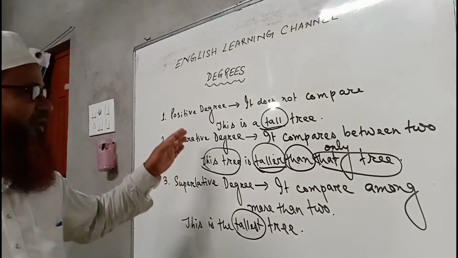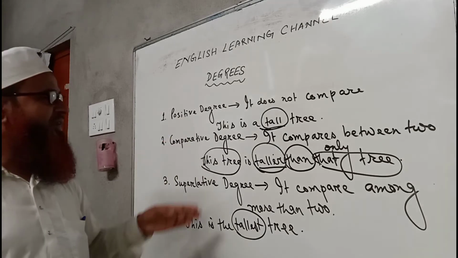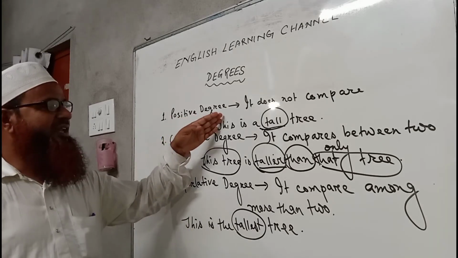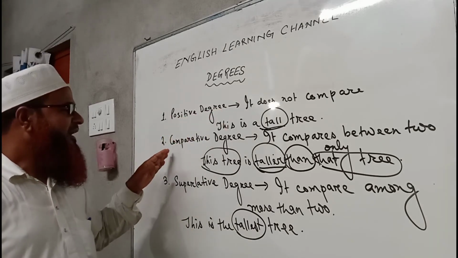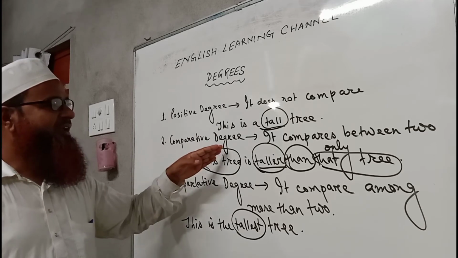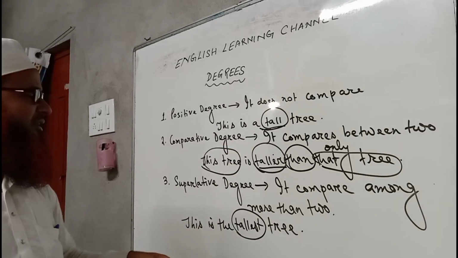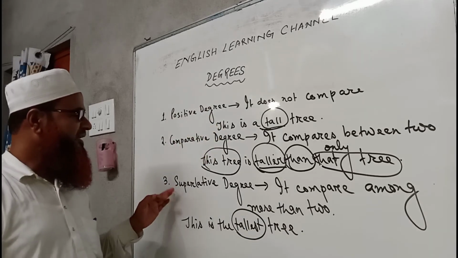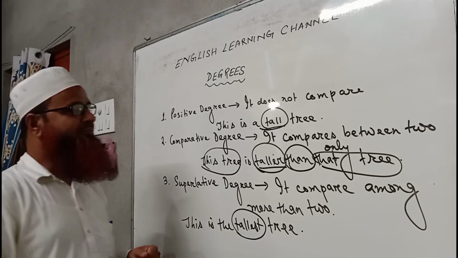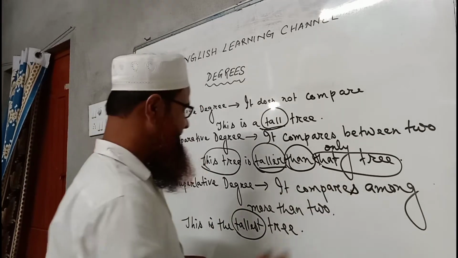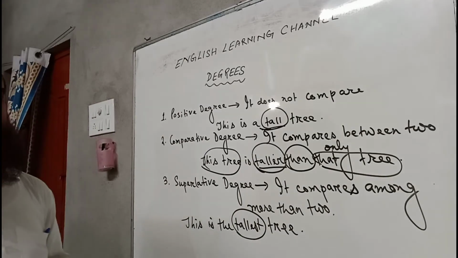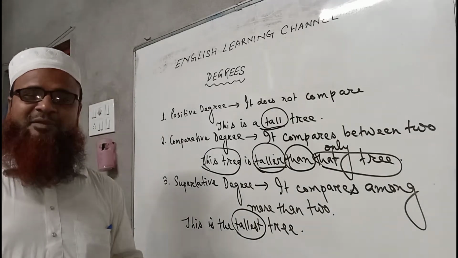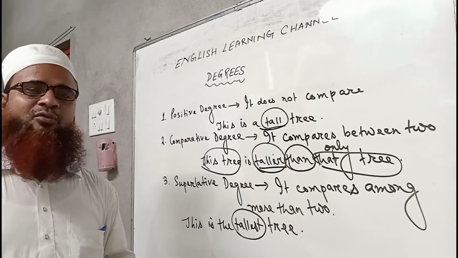So we have already got three degrees of comparison. Number 1, positive degree, it does not compare. Number 2, comparative degree, it compares between two only. Number 3, superlative degree, it compares among more than two things, persons or qualities.